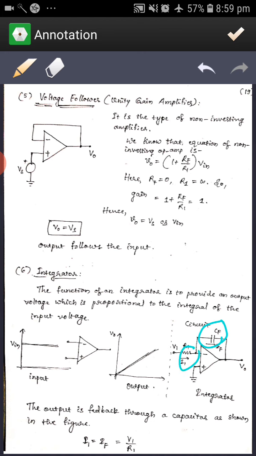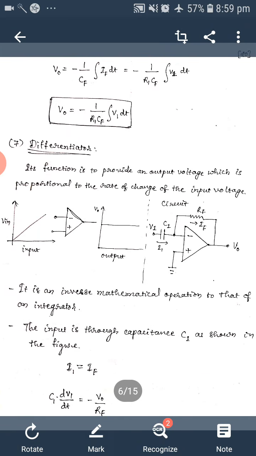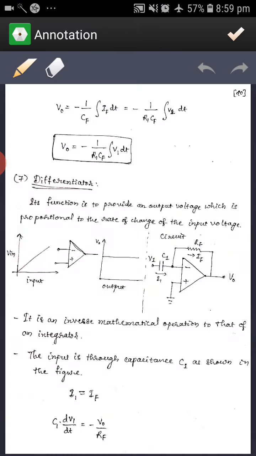As the non-inverting terminal is grounded, I1 is equal to IF, which is nothing but V1 by R1. Then V0 can be given as minus 1 by CF integral of IF dt.